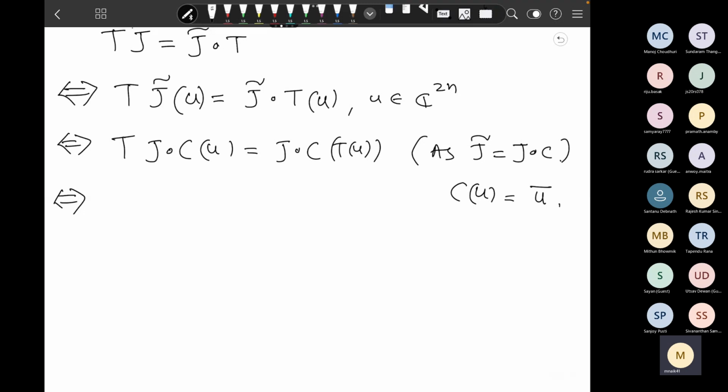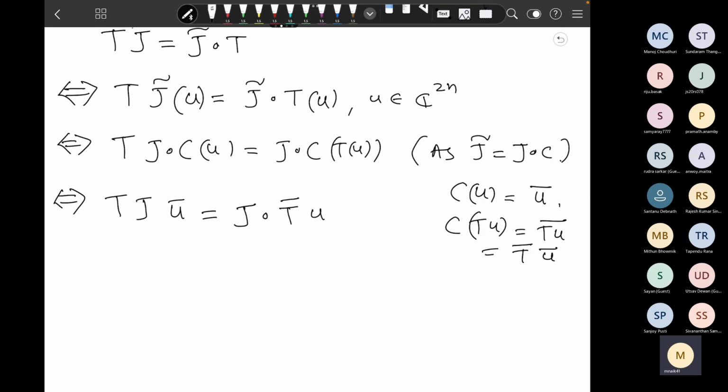So C of u is equal to u bar, and C of Tu is nothing but T bar u bar, since T and u are complex matrices. So I am getting T composition J composition u bar equals J composition T bar u bar.